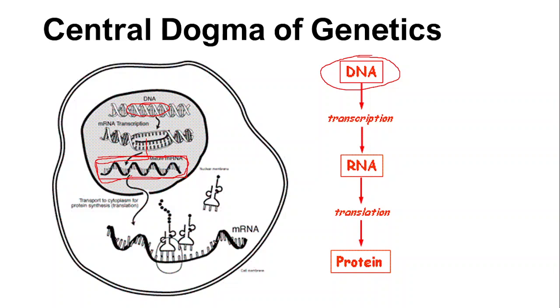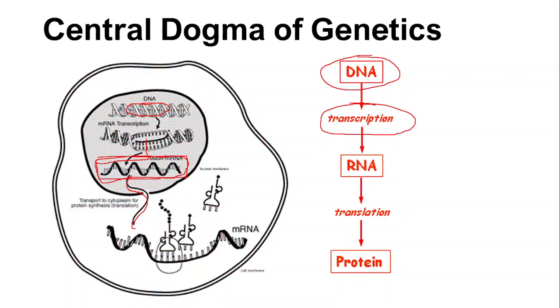And you bring out that particular piece of code, a piece of information, in this case, the information for how to make insulin. And then you have to translate the information. So you have what's called transcription, because you're simply transcribing genetic code into another form of genetic code called RNA, ribonucleic acid.